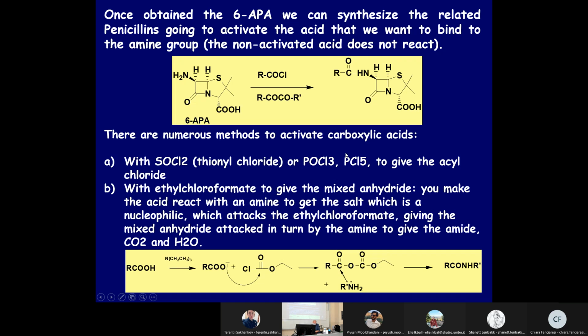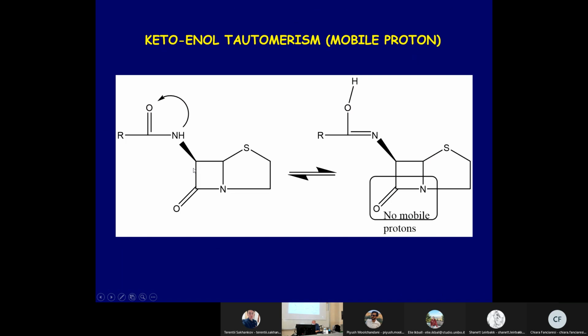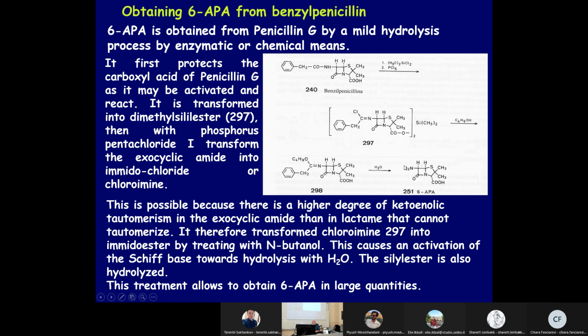But we have already seen this part, I think. And so I am not interested in the different activations of the carboxylic acid, but just to show you that there are a lot of different ways to activate the carboxylic function in order to react with the amino group in this position.